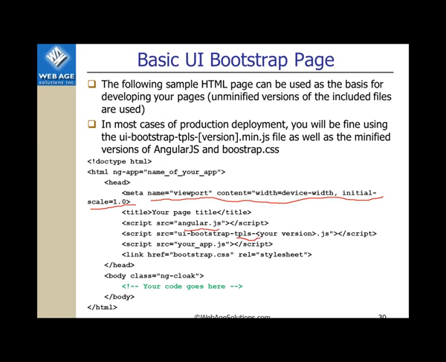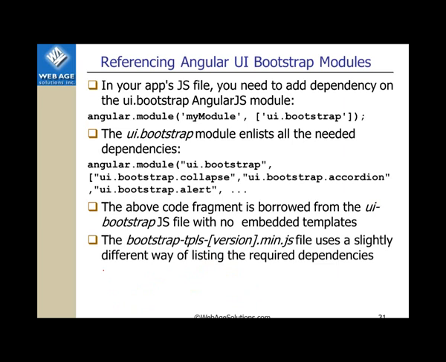Then it would be your application, which would implement your own directives, or your own application, which would depend on both AngularJS and UI Bootstrap, and the traditional bootstrap.css file. And your code would go into the body, and that's it. So you're all set up. That's the primary setup.